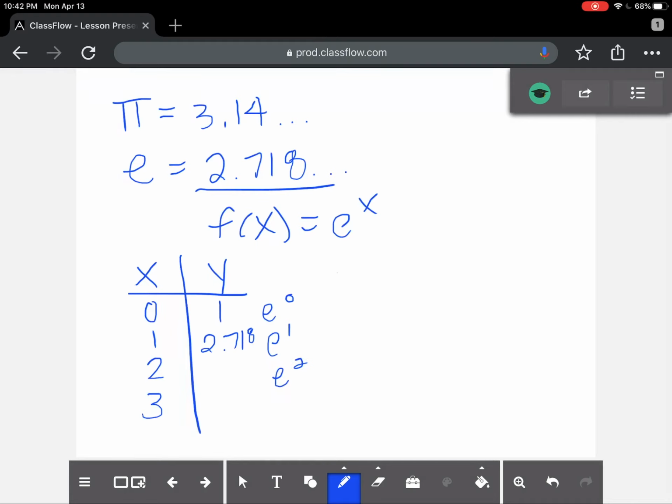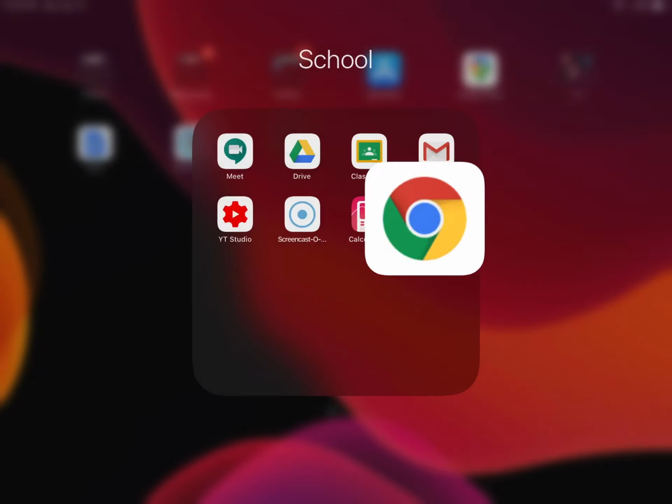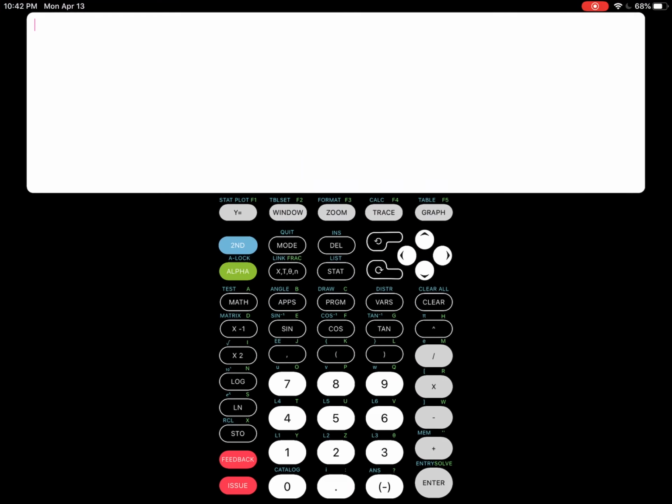And actually, a way we can find e to the second power is if you go into your calculator and you hit second ln. That gives you e raised to the something. So e raised to the second power is 7.39. Okay, e raised to the third power is 20.09.